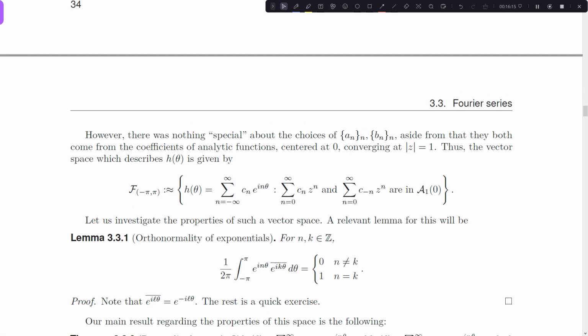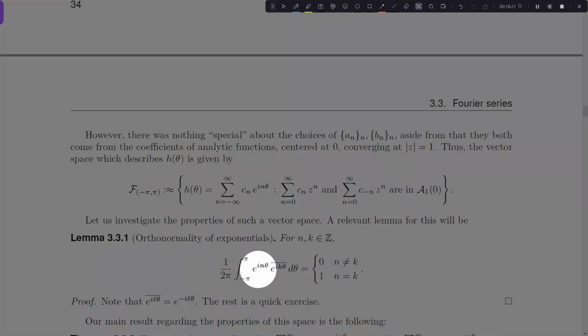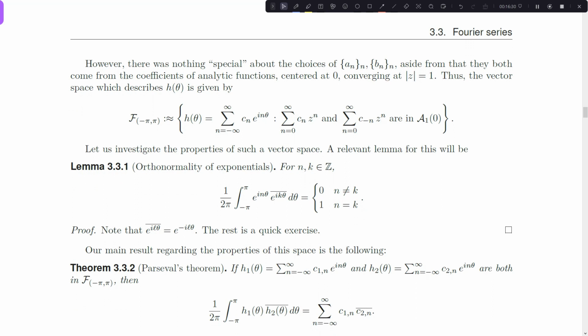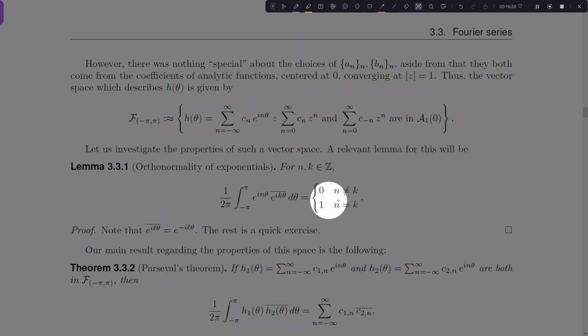But we're going to see why this is one of the nicest qualities that two functions can have. If I multiply them together and integrate over their domain, if they have this sort of property, it's very nice. So it turns out with this Fourier space, because of this really nice property that I just made us think about a little bit, if I take any two functions here, which I've defined from these analytic functions, and I take one of them on theta, and I take its conjugate, which just means I'm rotating in the other direction than I originally defined the first one.